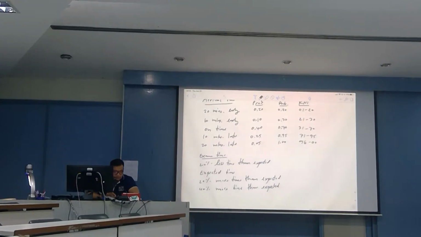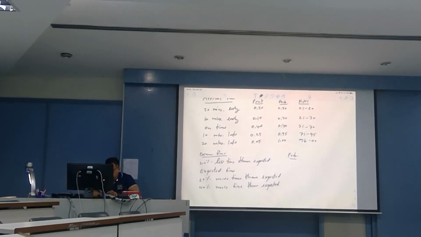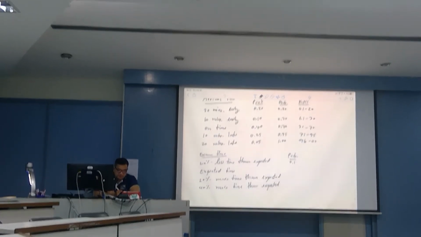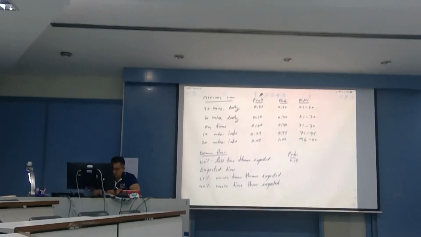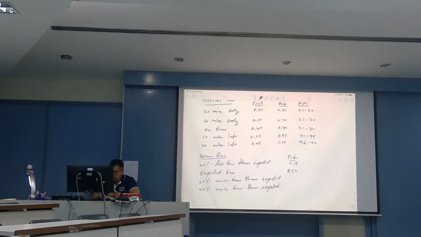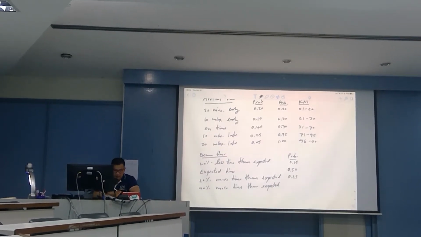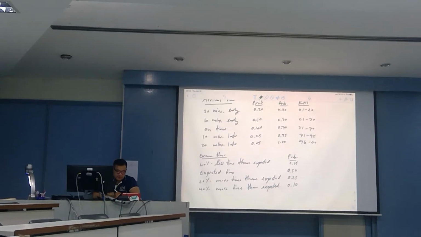So we know about the probability. First one is 15%, and then 50% can be equal to the expected time, 25%, and 10%.